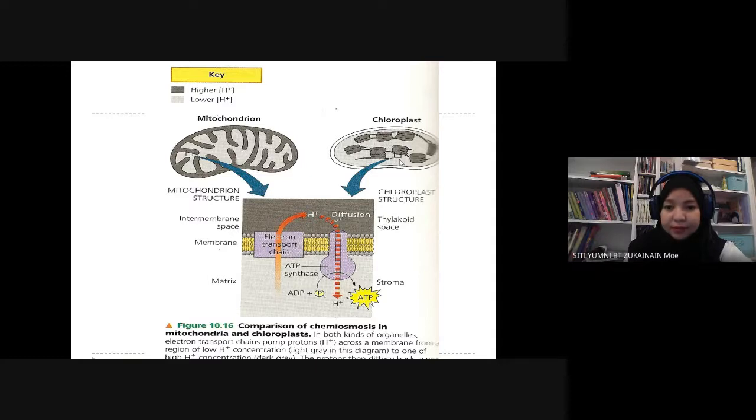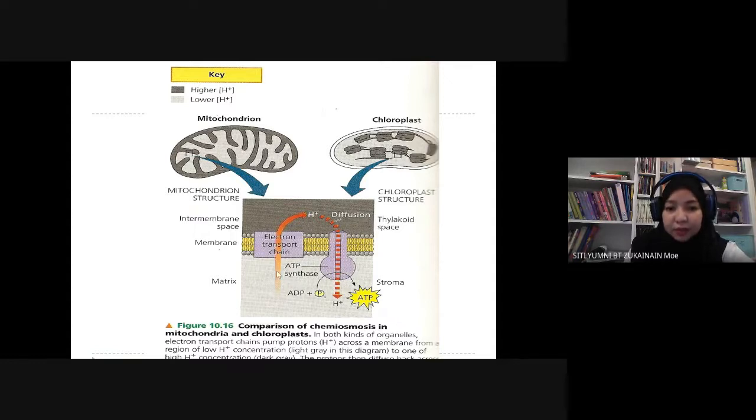So in both the mitochondria and the chloroplast organelles, the electron transport chain pumps protons across a membrane from a region of low hydrogen concentration to a higher hydrogen concentration. Okay, you got this?